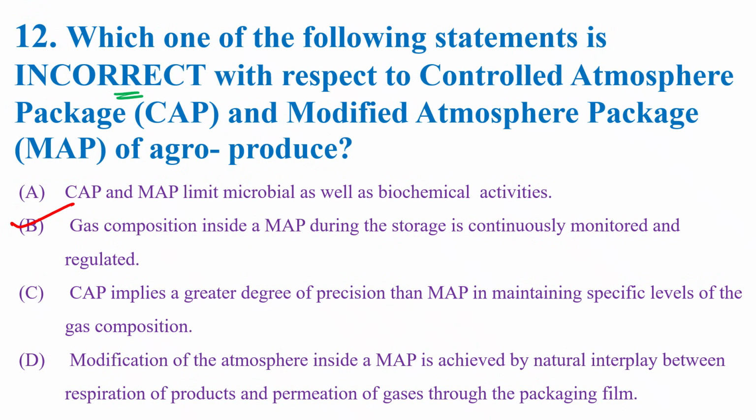This is also true. And MAP relies on produce respiration and film permeability to modify the atmosphere. So my correct option is option B. Comparing CAP and MAP, we can say that CAP is high cost and is used for long-term storage, whereas MAP is cost effective but for short-term.